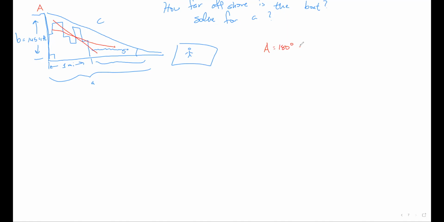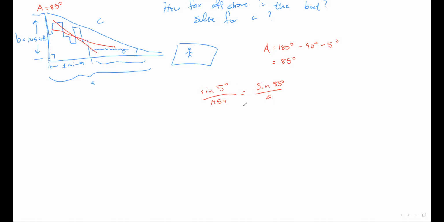So that'd be 180 degrees minus 90 minus 5 degrees. So I think that would be 85, if I'm not mistaken. And then from there, we can use law of sines. So sine of B, so 5 degrees, that's the thing we know, over 1454, is equal to sine of 85 degrees over little a, right?